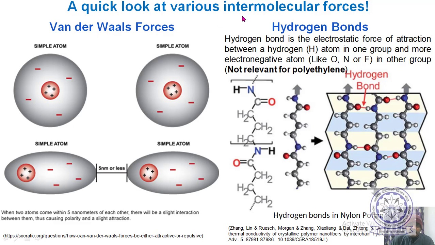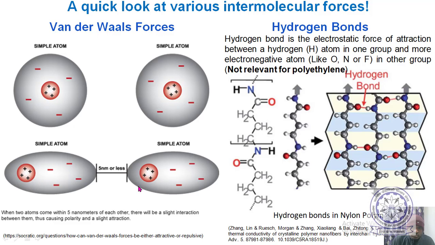Now a quick look at various intermolecular forces. Van der Waals force is depicted here, and hydrogen bonds here. This is a simple atom which has a central positive charge surrounded by an electron cloud with negative charge, and this is again a simple atom. When they are far away there is no problem, but when their distance is 5 nanometers or less, this electron cloud gets attracted by this nucleus, and the structure becomes like this.